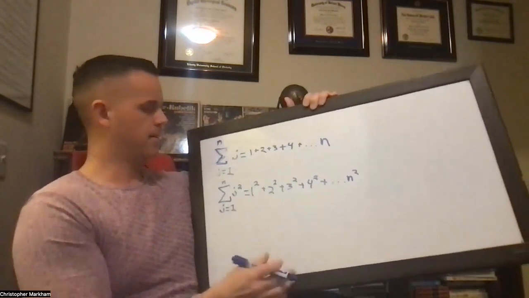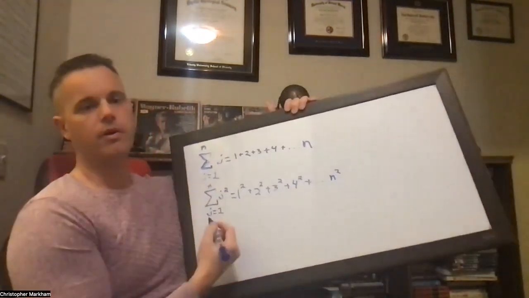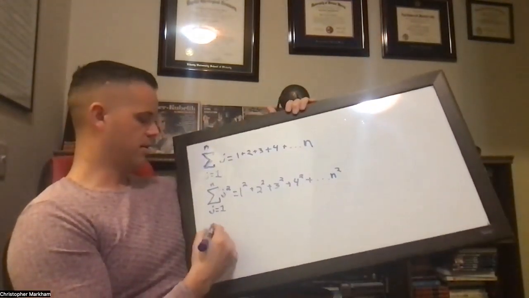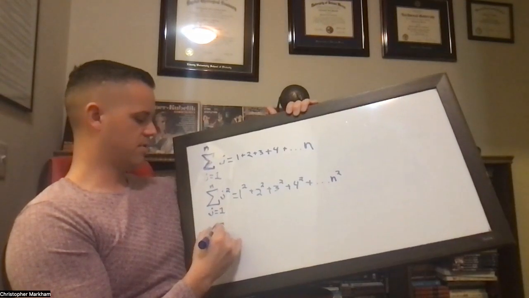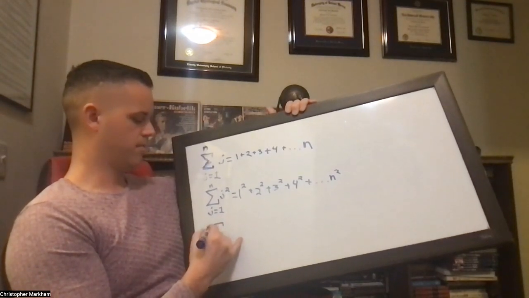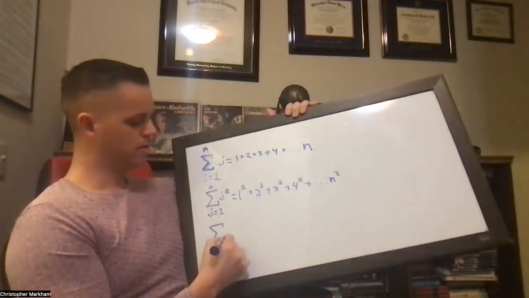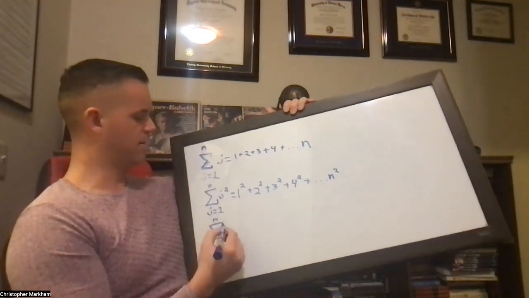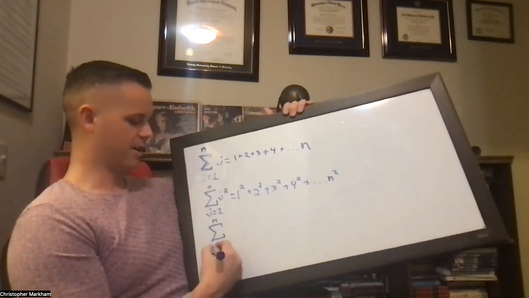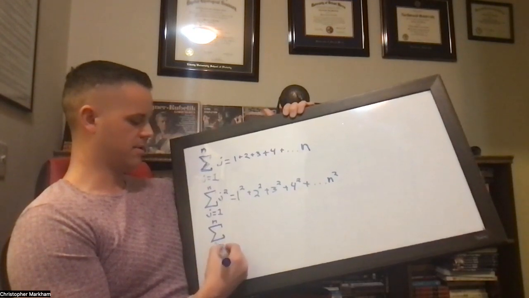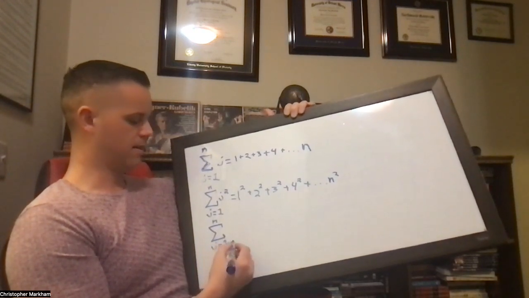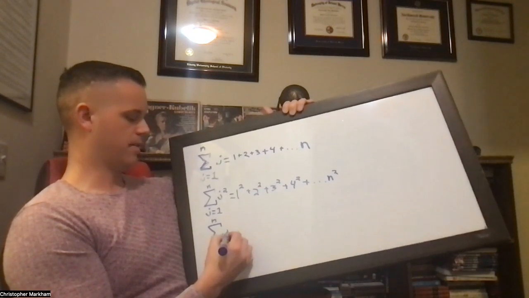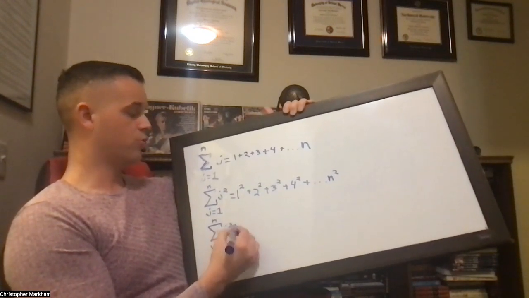Okay, and then let's map a third one here. This will be the cubed view of things. It's getting harder to write with this whiteboard resting on me. So j is still equal to 1. That's our start. n is still our end, and then we have j cubed.